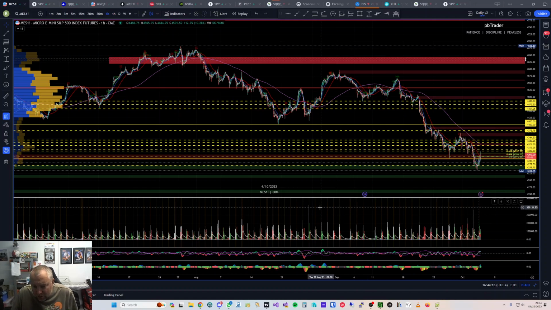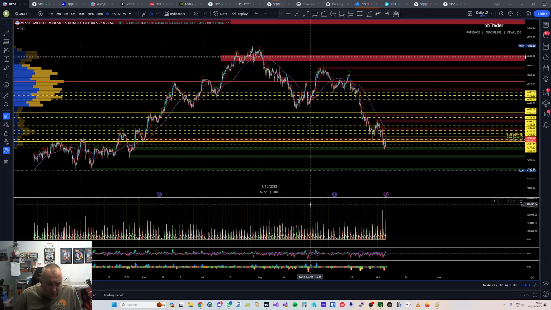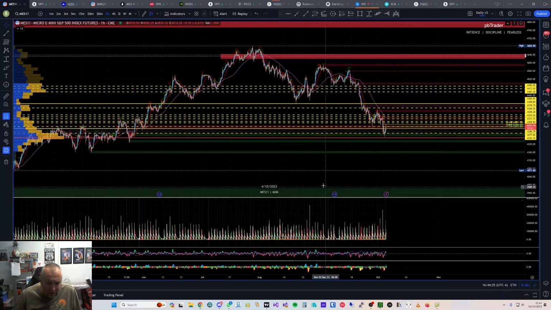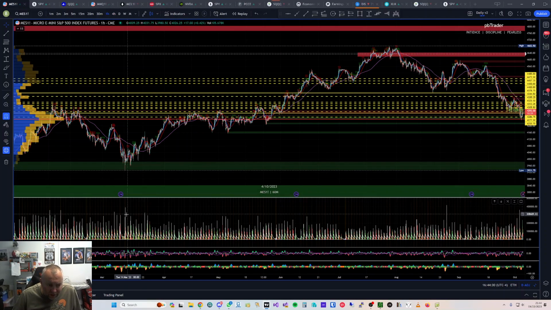So this one's coming into 4 million contracts sold on that day, and then we have to go back some time before we get any volume anywhere near 3 or 4 million. The last time was this candle here, in March 2023, the beginning of the year, and that also happens to be on a reversal. It came in on massive volume, and then we saw this big run up for the rest of the year.